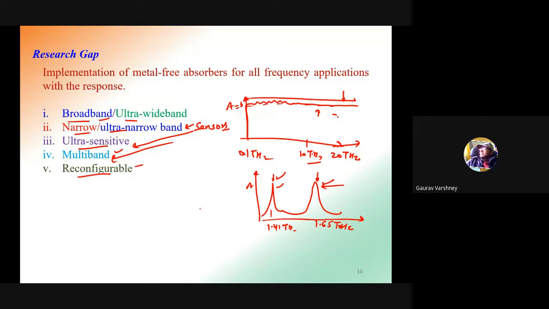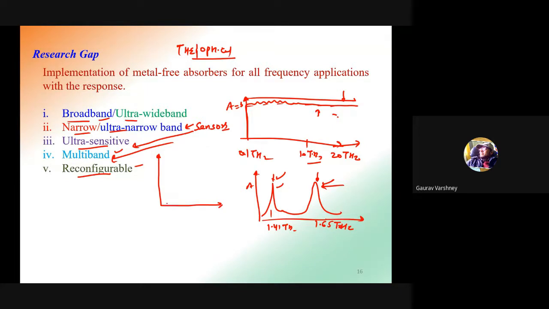Currently we are developing systems with the characteristic of reconfigurability, specifically at terahertz and optical frequencies. We are trying to develop reconfigurable devices. In fact, at gigahertz frequencies we are also trying to develop some reconfigurable devices.